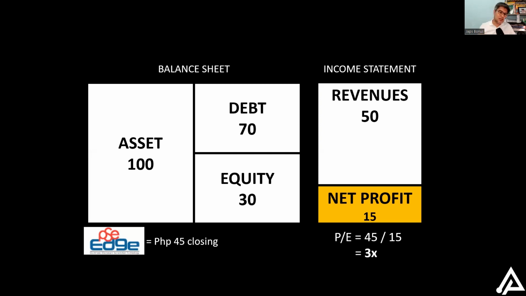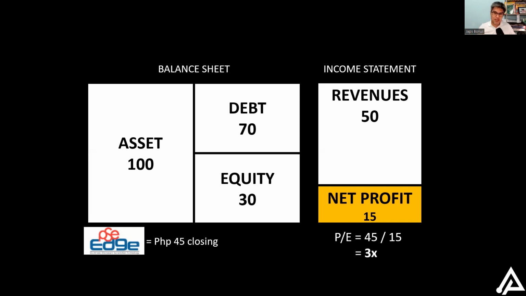If the company you're trying to value has an earnings per share of 2 pesos, using the price to earnings ratio of 3 times, you can work back the projected estimated fair value of that asset.